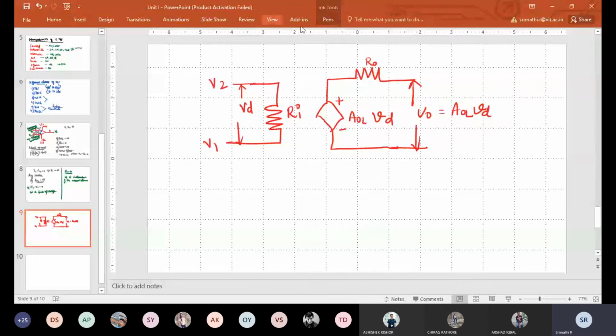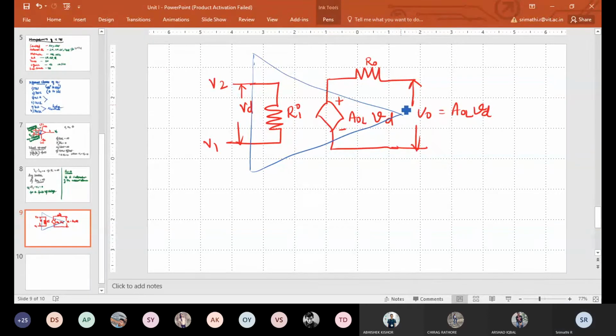Since it's open circuited, this is a Thevenin's equivalent circuit. This is how it will be represented.